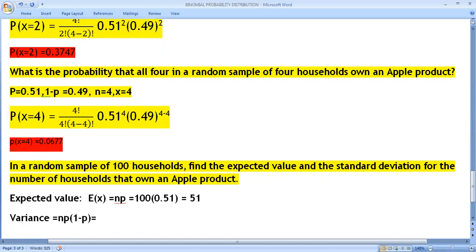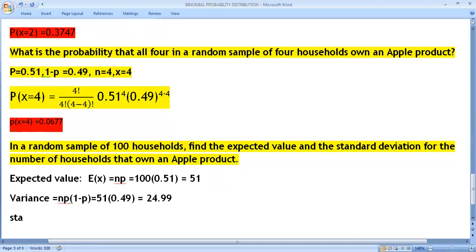Our NP is 51 times the probability of failure, which is 0.49. And this gives us what? 24.99. That is our variance.